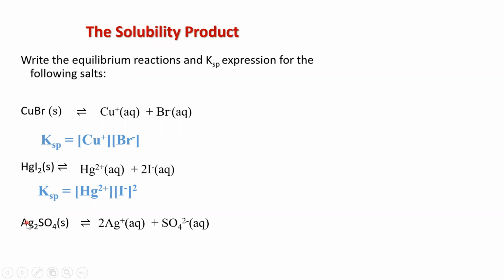All right, so we're going to produce silver ions and we're going to produce sulfate ions.